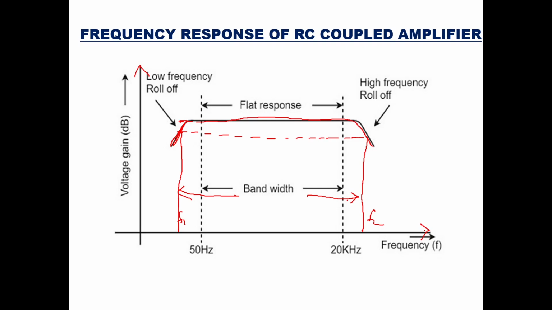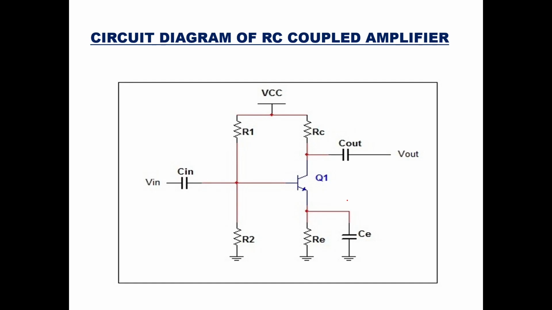For example, if the frequency is low, then the reactance of this capacitance is equal to 1 upon 2 pi fc. So if the frequency is low, Xc will become high.